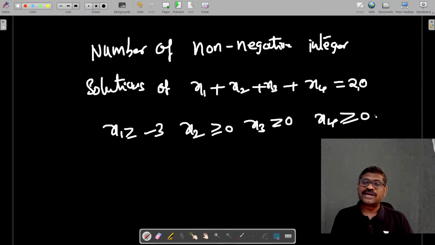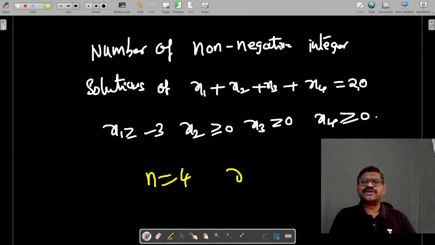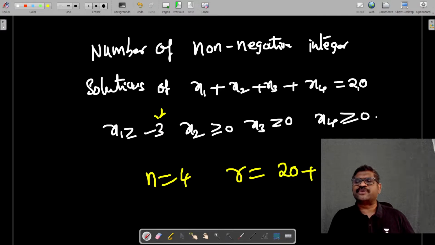Whenever minus 3, minus 4 such type of conditions are there, you just have to add that value to r. So here n value 4, x1, x2, x3, x4, therefore n value 4. What about r value? 20 plus, here we have greater than or equal to minus 3, now you have to add 3, 23. So r value 23.